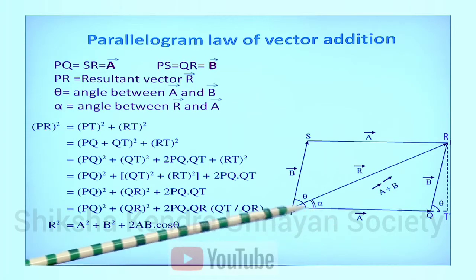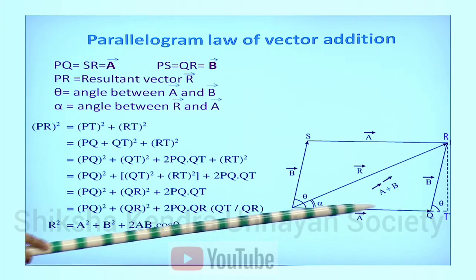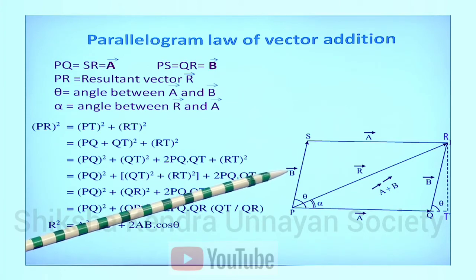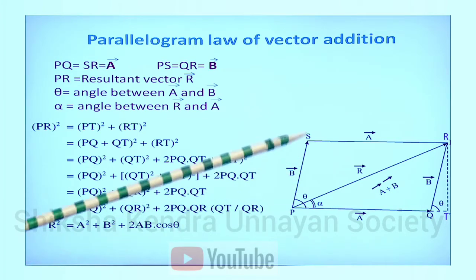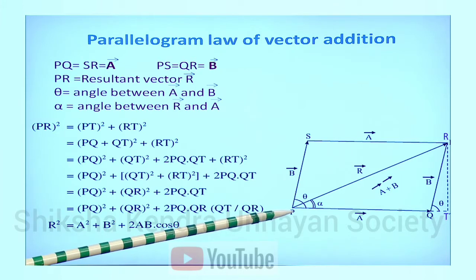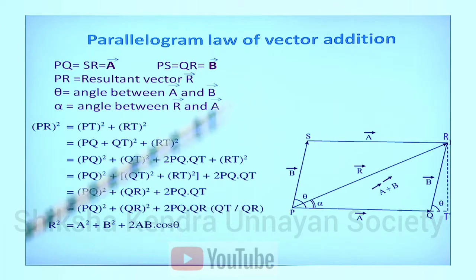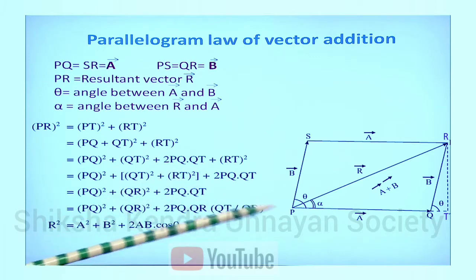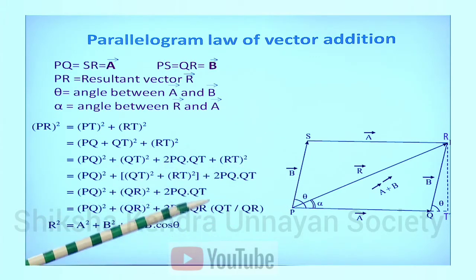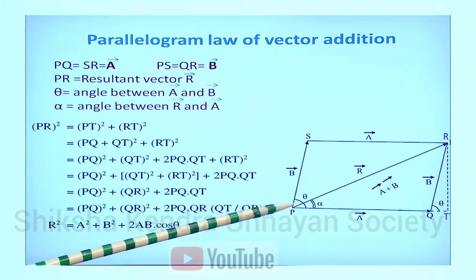You can see on the screen, A is represented by one side of the parallelogram, that is PQ, B is represented by other side, that is PS, which also starts from the point P. That means A and B are starting from the same point. Then you can find the resultant by the diagonal of the parallelogram which starts from the same point P.